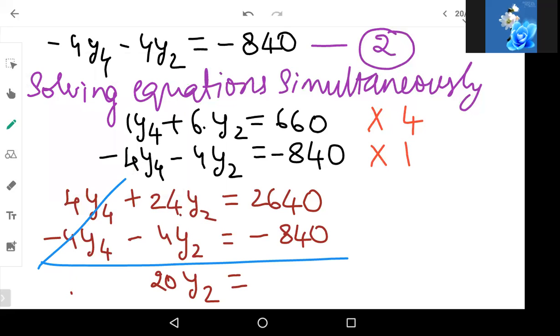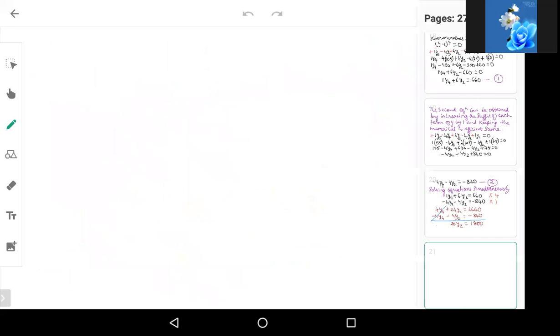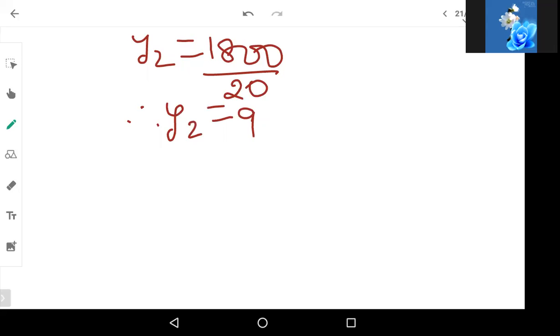If you subtract, you will get 1800. So y2 is equal to 1800 by 20. Therefore y2 is equal to 90.